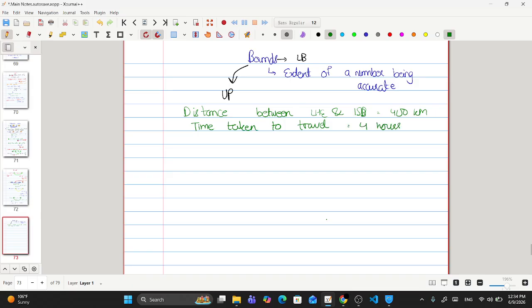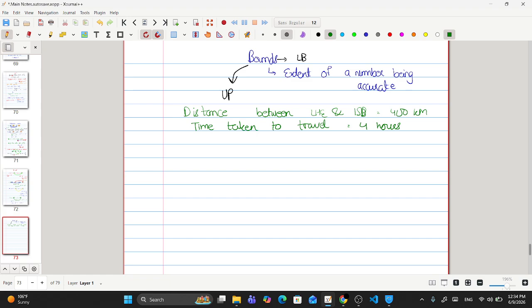So, logically speaking, the best way to do it is simply dividing that. 400 kilometers in 4 hours, so the speed should be 100 kilometers per hour. So this is roughly the exact value.